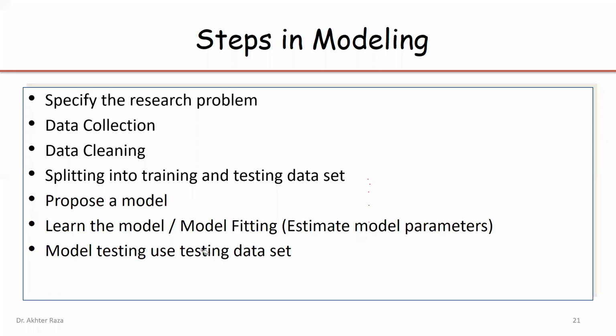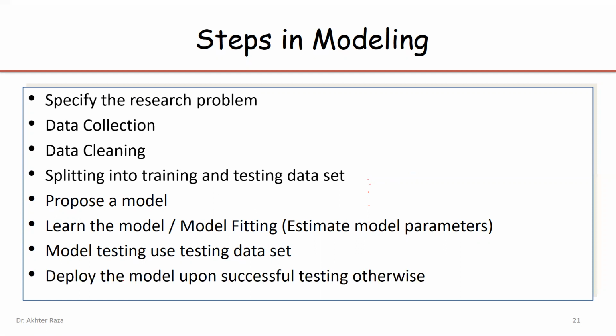Model testing can be done either by a goodness of fit test, or we can analyze the model with the help of adjusted R square. So these are the two different techniques for model testing. If the model testing is successful, then we deploy the model and use it for prediction purposes. If it is not successful, then what to do? We have to repeat the process. What procedure is to be repeated?